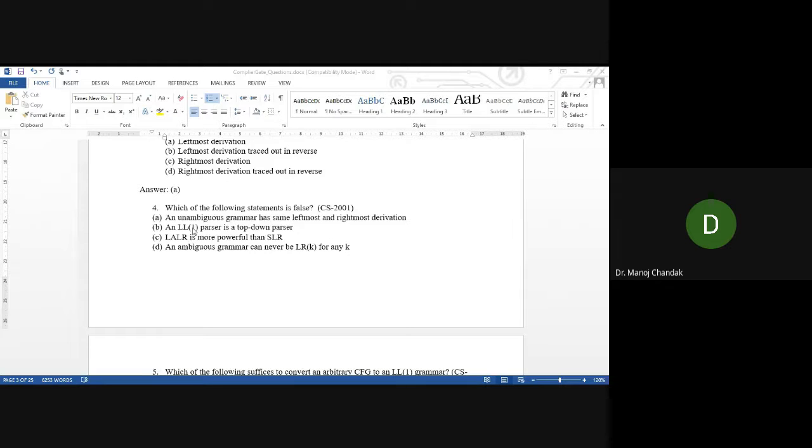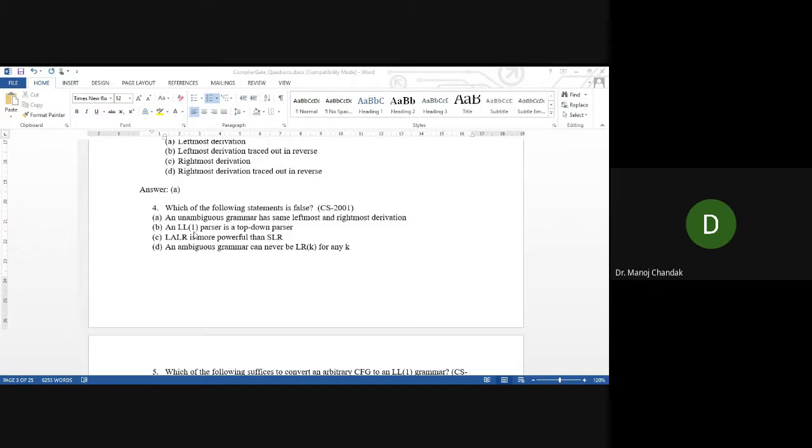Ambiguous means there will be two parse trees for the same string, and unambiguous means there will be only one parse tree for the string. So if there is only one parse tree, then you need to think about a simple answer in this case, where you have something like true or false.